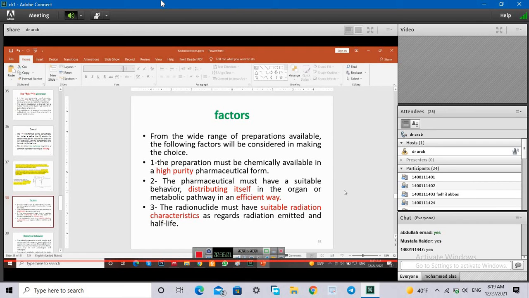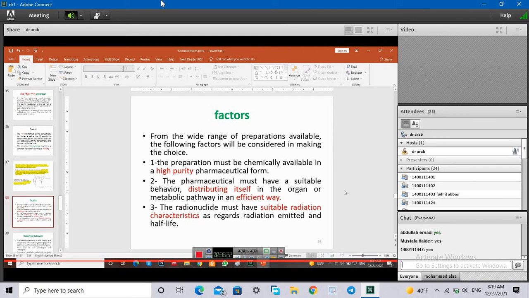Up to now I have spoken about the main processes by which we can produce different types of artificial radionuclides. We have a wide range of artificial radionuclides, and some of them are suitable as radiodrugs.